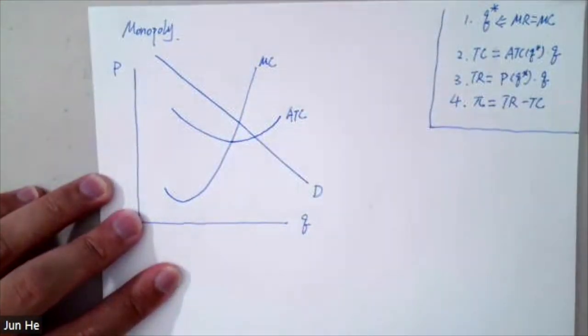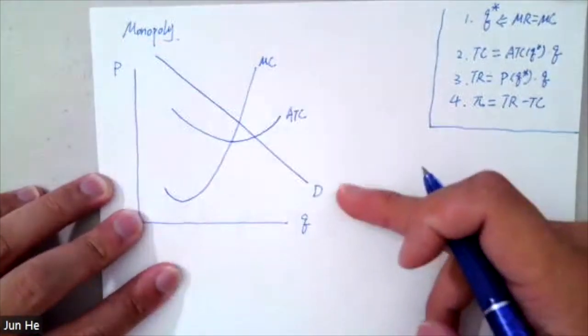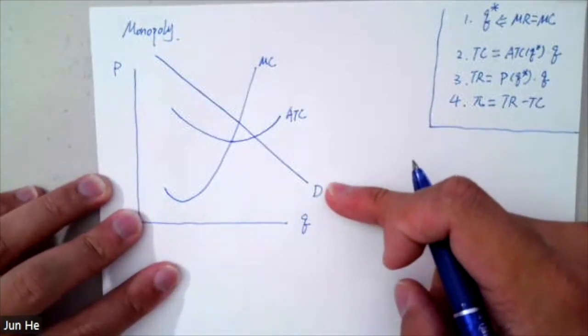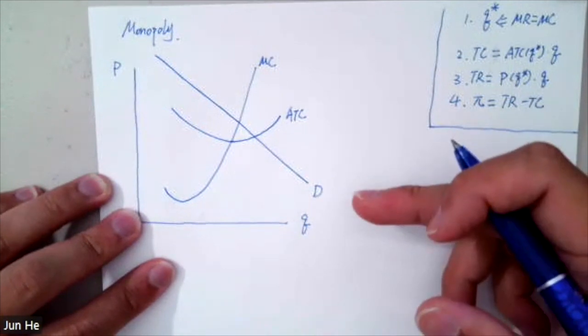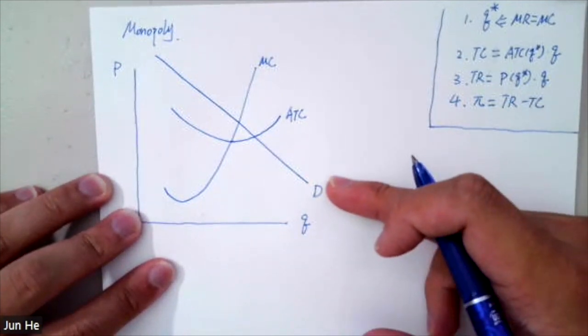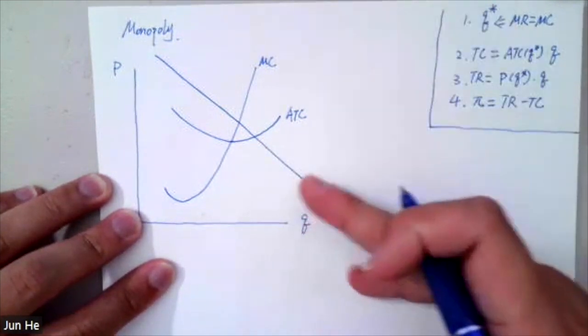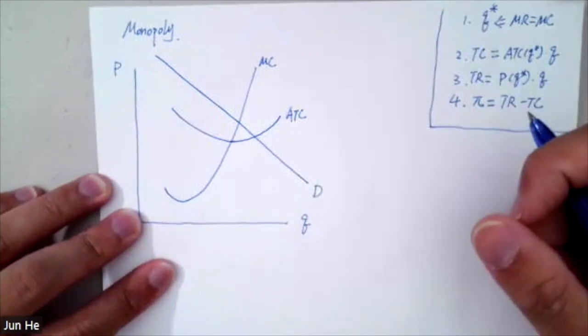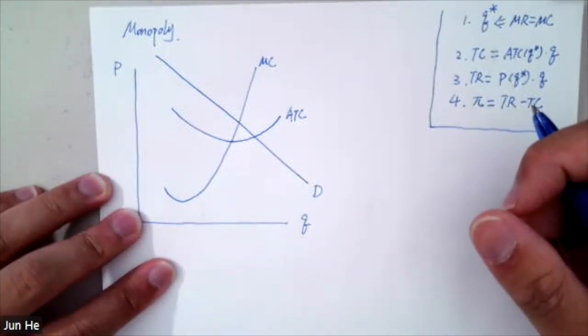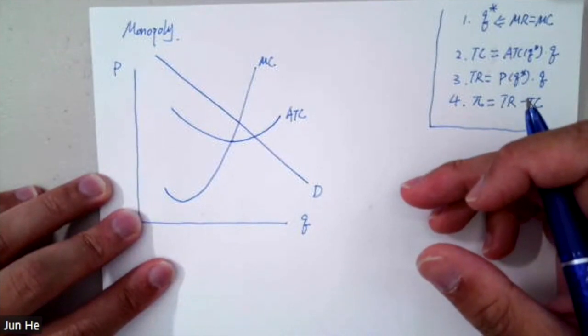we have a downward sloping demand. Why is that downward sloping? Because in monopoly, you have a certain level of monopoly power, which means the consumers are loyal to your product to some degree. With their loyalty, those consumers are inelastic, which means the demand that you're facing is not horizontal, like the case in a perfectly competitive market.